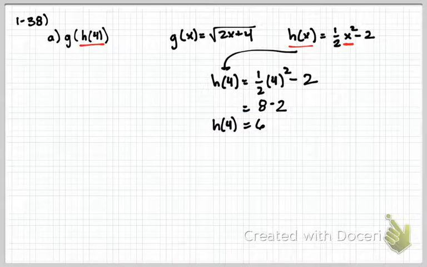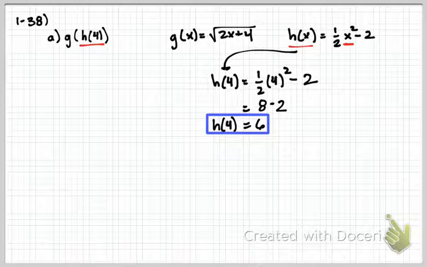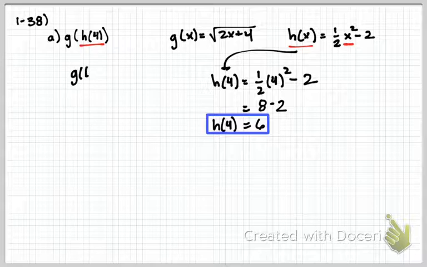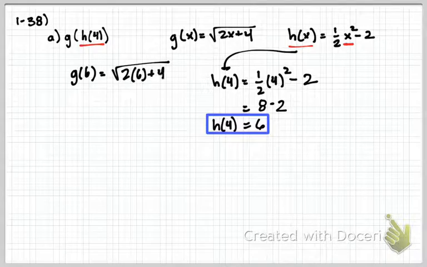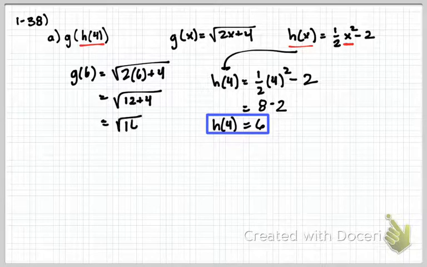Now the next part of this is to take 6 and evaluate it for g. So now, since we know h of 4 is 6, we can do g of 6. We do the same process, run 6 through as our input. Square root of 12 plus 4, square root of 16, which equals 4.